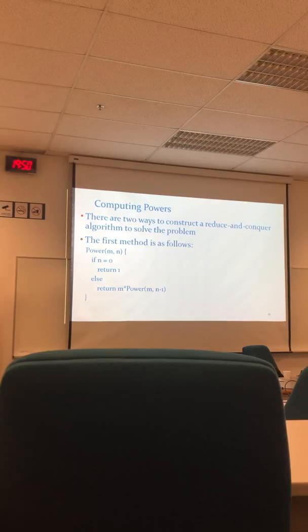Then use the answer for this to form the answer for the original problem, that is m to the power n. In this case, it's straightforward. Just use the answer for m to the power n minus 1 times m, and we will get the answer for m to the power n. So this is the use of reduce and conquer. That means we solve the original problem by solving one smaller subproblem.